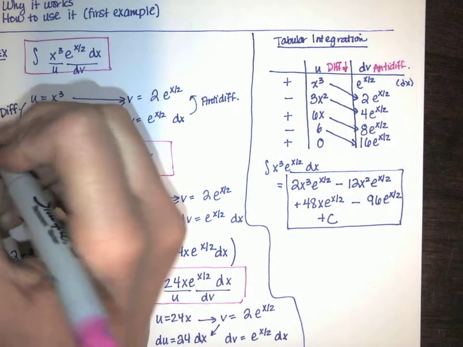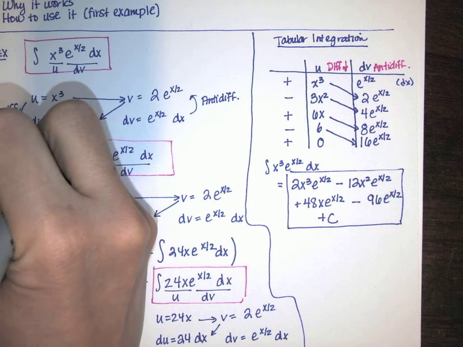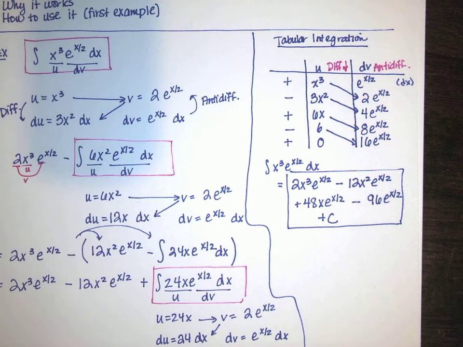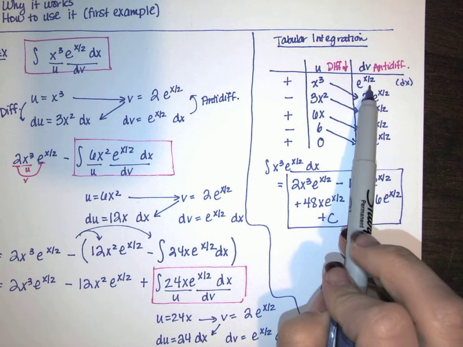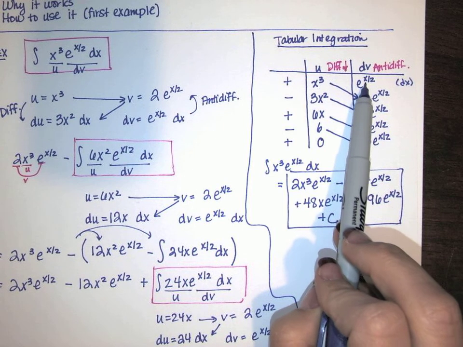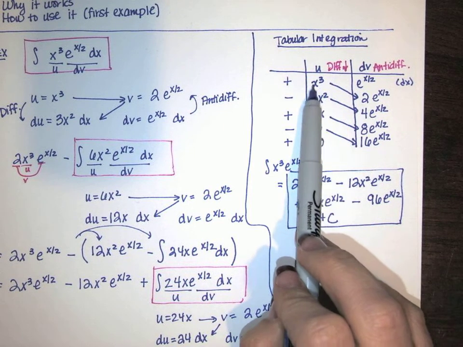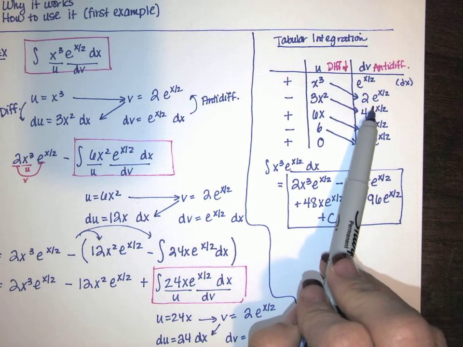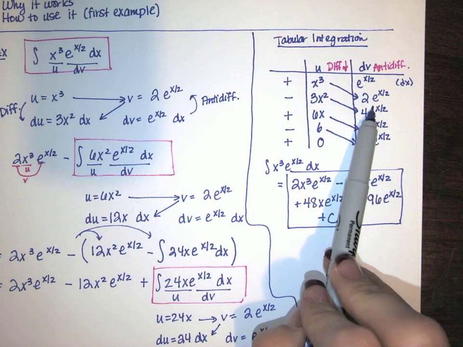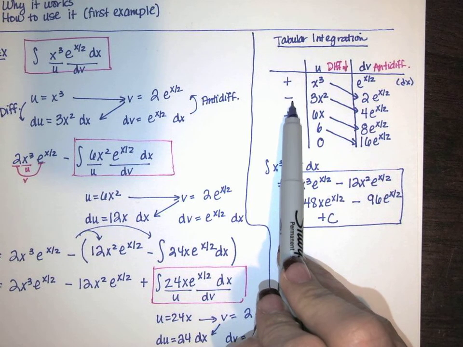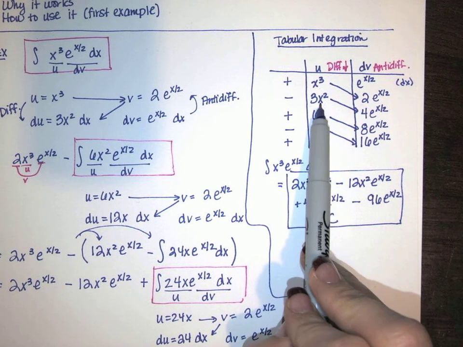This was our u times v. What did we do in the table? If this is u and that's dv, the antiderivative of dv is v. So that's u times v minus the integral of v du. So we're subtracting the integral of this times this.